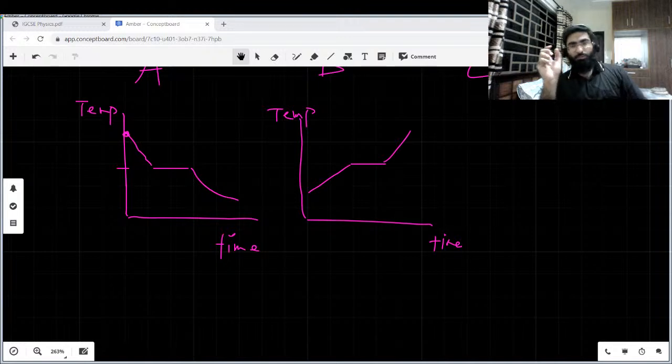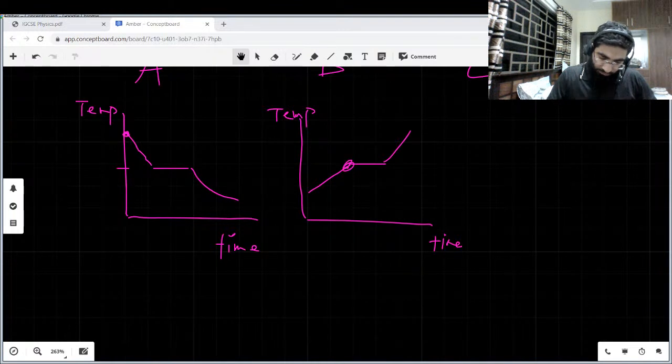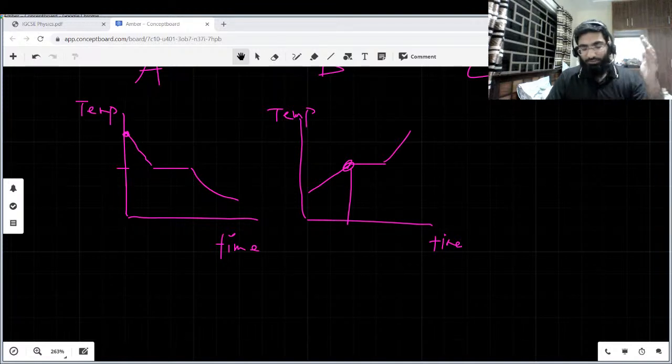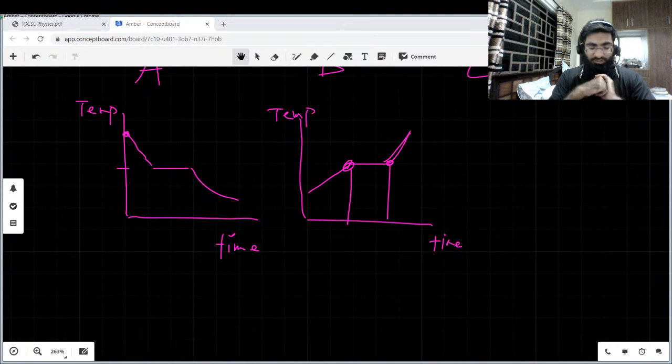At this point, the heat that I am giving to this substance is no longer increasing the temperature, rather it is breaking the intermolecular forces between the molecules. Are you following me? Yeah. Once they have been broken, it would have become liquid, and from here onwards the temperature would start rising again for the liquid.